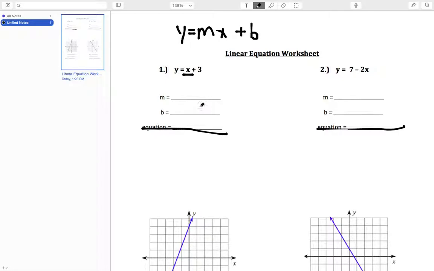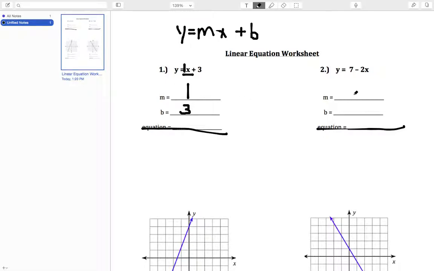So here I found the x. However, there's not a number next to it. When there isn't a number, you know that you just have to fill in a 1. That means that your m is 1. Then you look next to it. In this problem, the b has to be your plus 3.